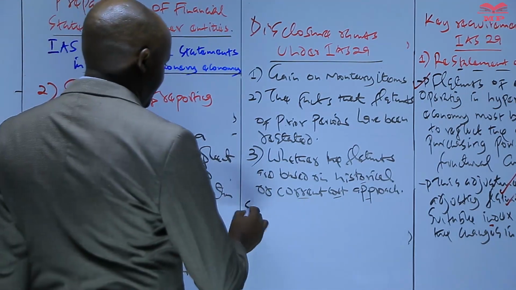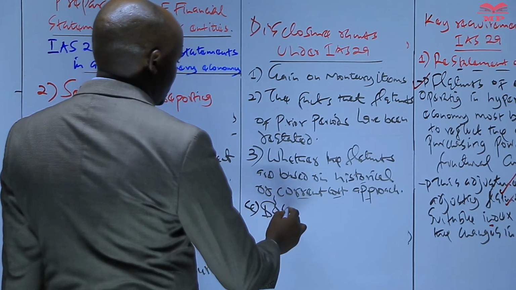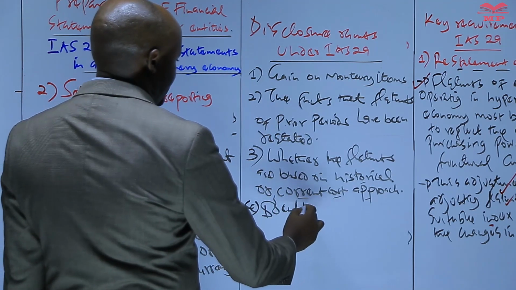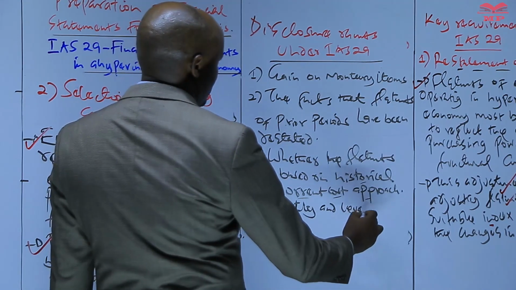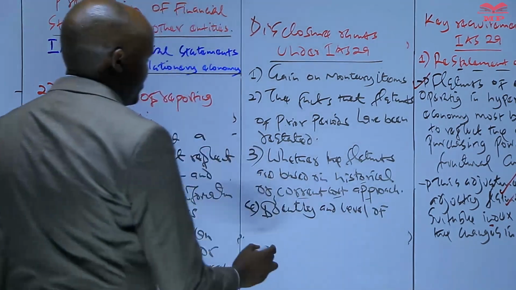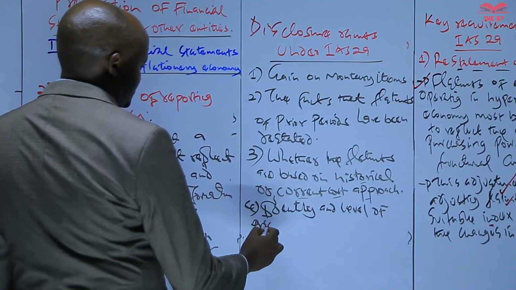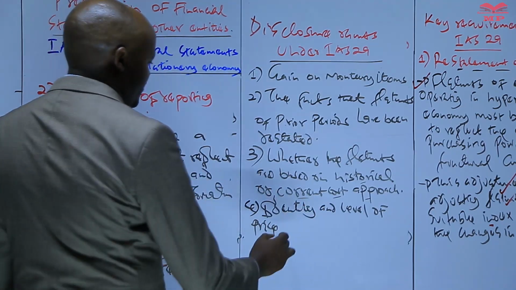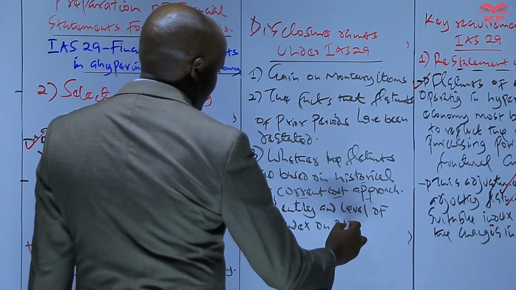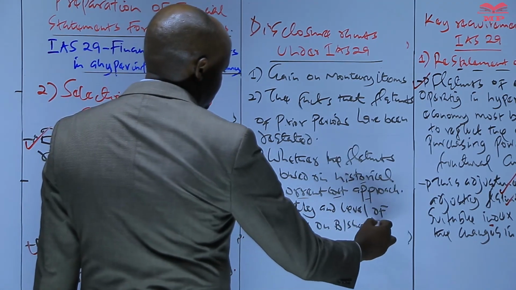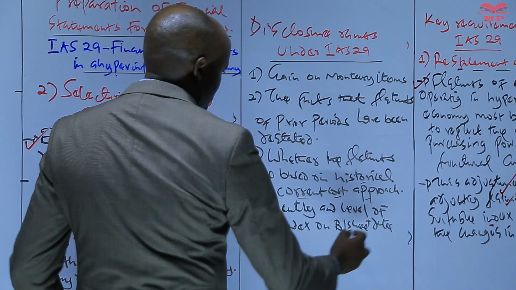And finally, entities are also required to disclose the identity and level of a price index on the balance sheet date.